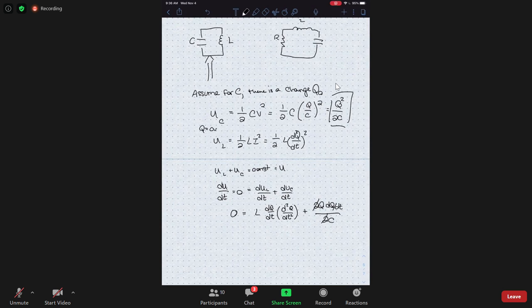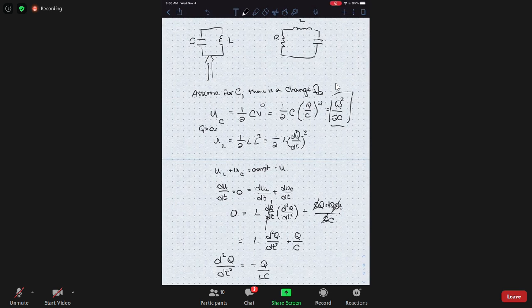We see here we have a dq/dt on both sides. And since the other side is 0, that can just cancel out. So we're left with L d squared q over dt squared plus q over C. If I want to move stuff over to make it a proper differential equation, I have d squared q over dt squared is equal to minus q over LC.